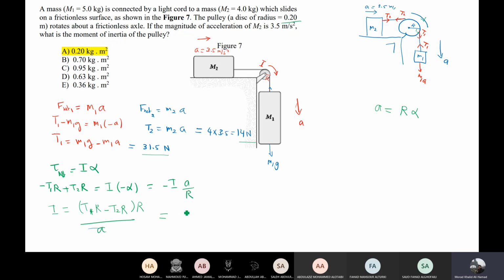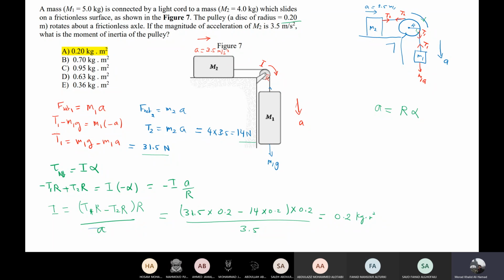You will get 31.5 multiplied by R, which is 0.2, minus 14 T2 multiplied by R, 0.2, multiplied by 0.2 divided by 3.5. What is the answer? 0.2. Is that clear?